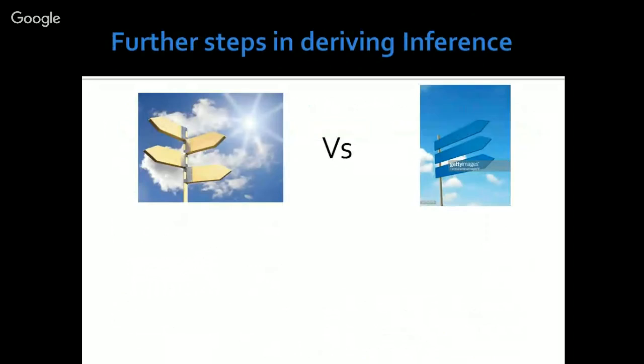Further steps in deriving inference include the direction of the result of all these studies. In the previous slide, we saw the different quality issues that might come when we are looking at evidence as it goes through different phases. The next question is, given this quality, what do the results tell?